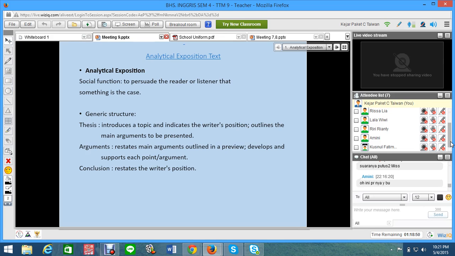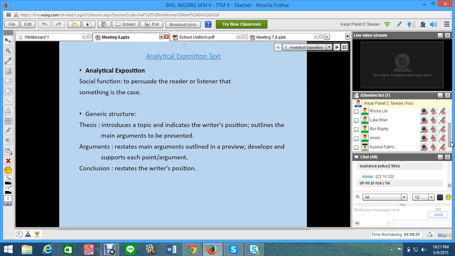Okay, thesis introduces a topic and indicates the writer's opinion or the writer's positions, outlines the main arguments to be presented. So here the thesis discussed here is about a topic.